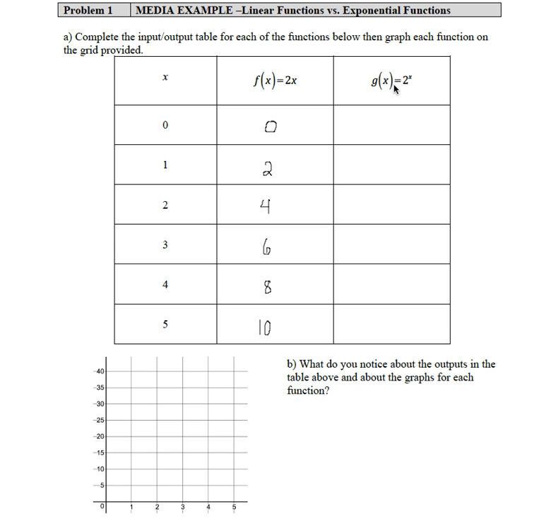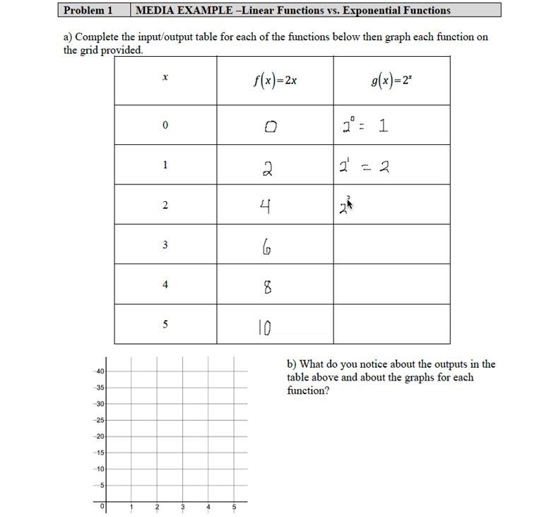For function g of x is a little bit different. The input is in the exponent value. So let's see what's going to happen there. So g of 0, that's going to be 2 to the 0, and that equals 1. g of 1, 2 to the 1, equals 2.